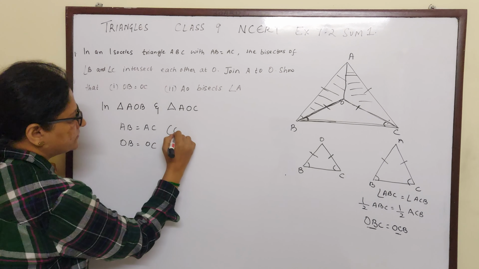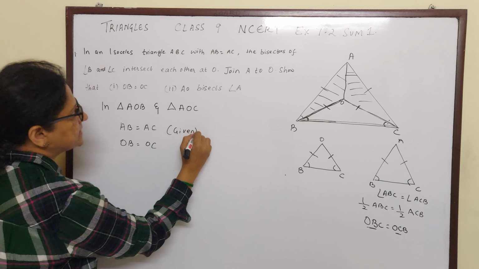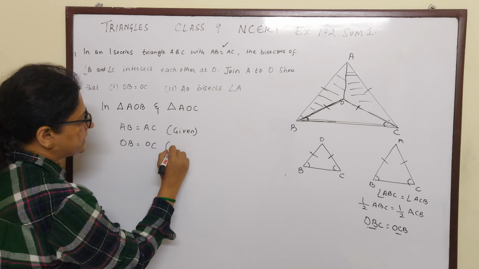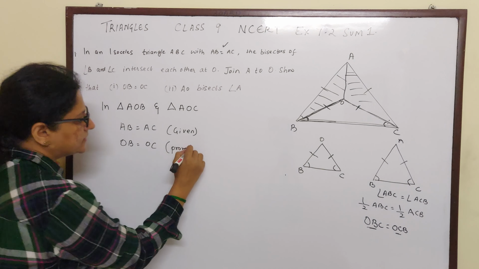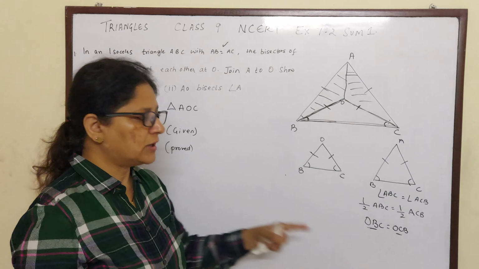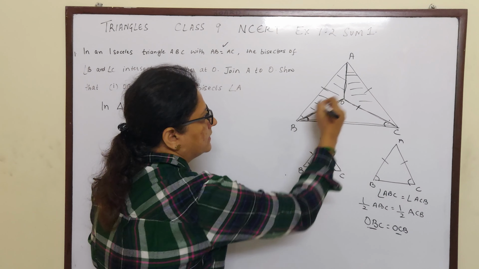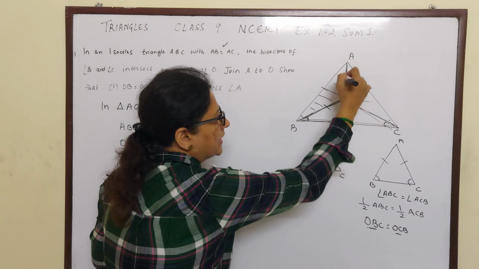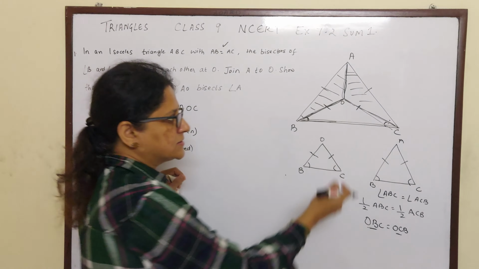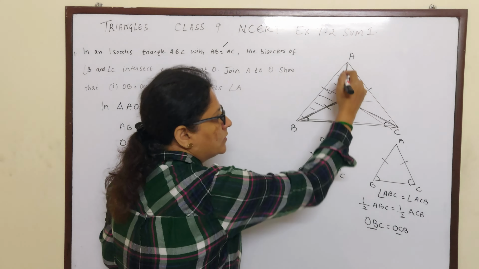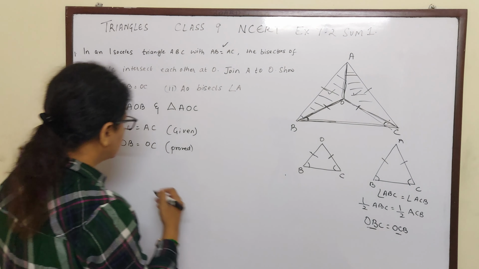And what is the reason for this? AB is equal to AC is given here. OB is equal to OC proved. And this you should show as your proof. Now the third side, if you see closely, in triangles AOB and AOC, AO is common to both the triangles. AO is a side in this triangle also. AO is a side in this triangle also.